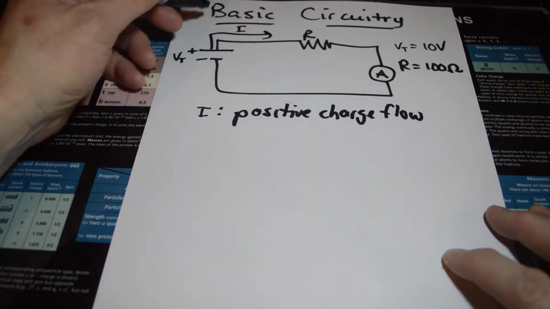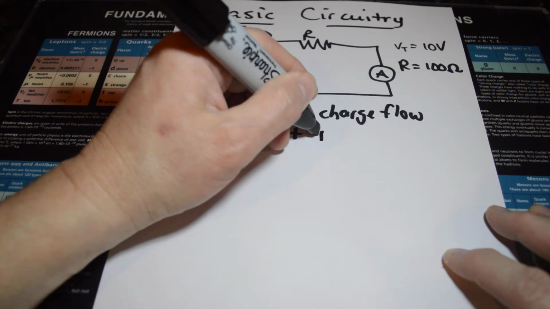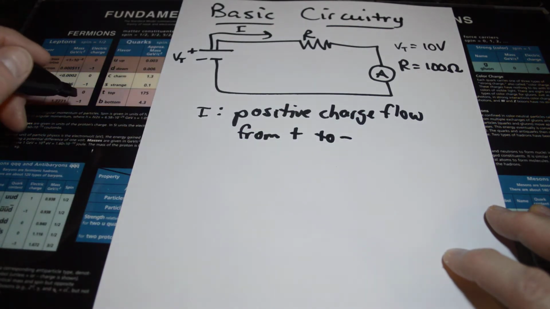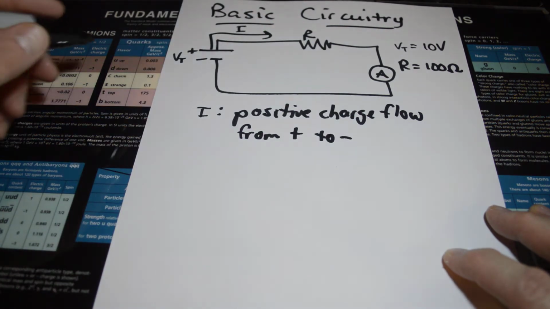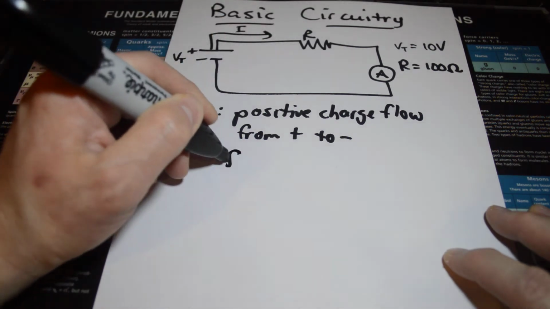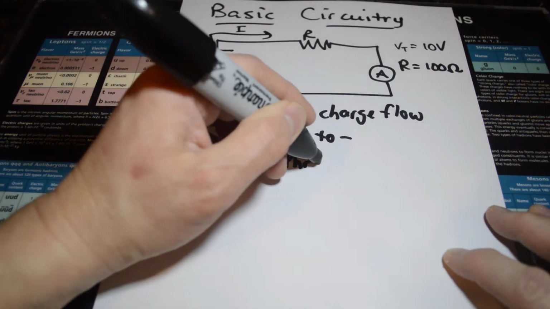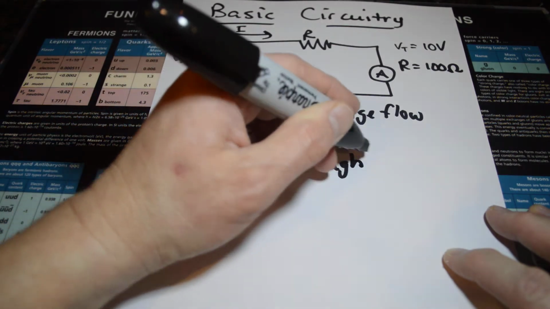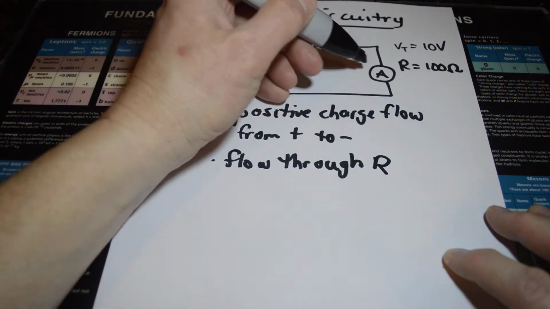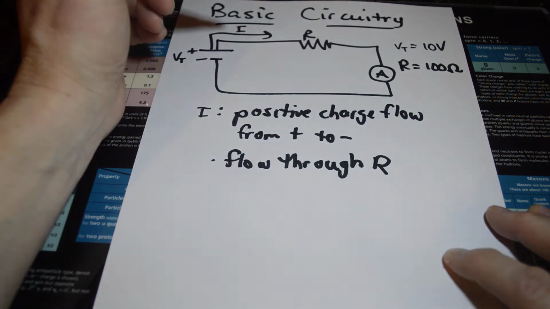So it's going to flow from positive to negative. Notice that the current will flow through a resistor. And that's why you're putting the ammeter the way you are, because it's then going to flow through the ammeter.